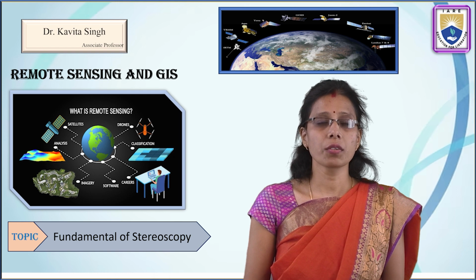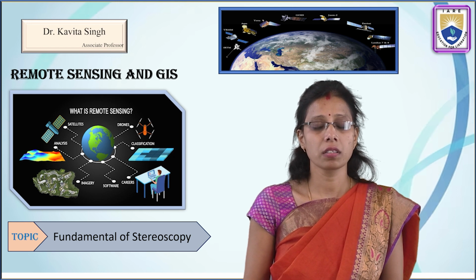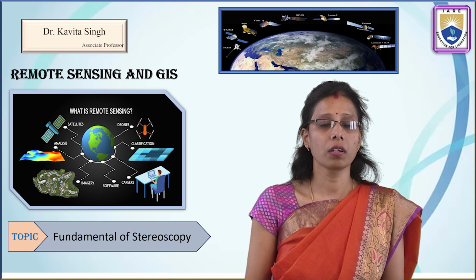So today we are going to discuss a topic called fundamentals of stereoscopy. This stereoscopy is used in aerial photographs. Usually we use stereo pairs for determining the height of the object. So we need a stereo pair of photos which we get from the flight line direction, in the same direction.